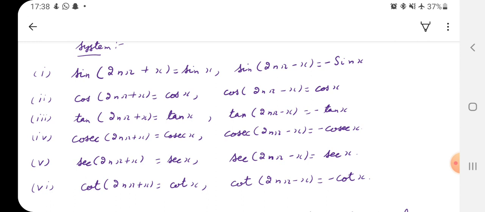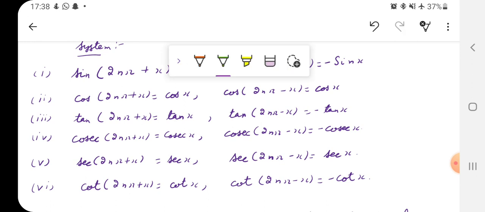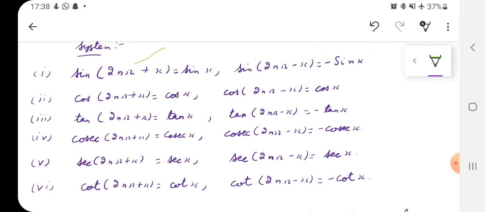Clear? Cos and secant will be positive, all others will be negative. So similarly you can see these formulas as well. Now just remember these formulas for the sake of time, right? Whenever I add a 2n pi multiple, that means a 360 degree multiple, to any angle, it will remain the same.